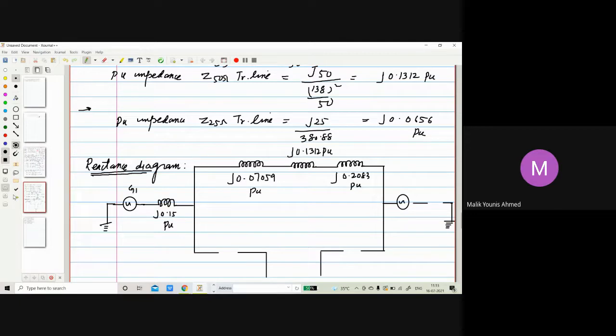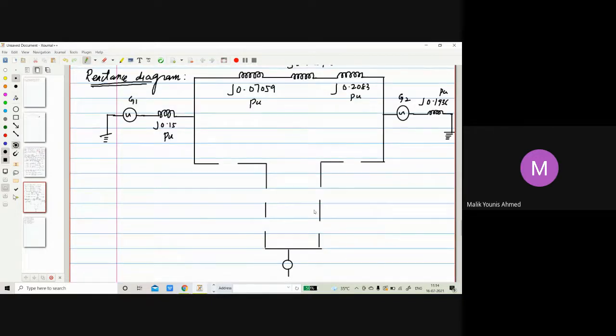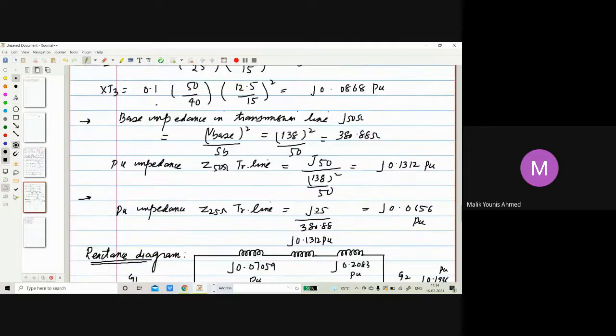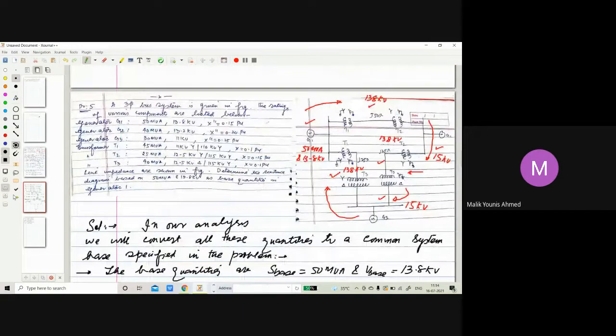So this is for generator G2. The reactance for generator G2 will be J0.1936 per unit again. Now moving here, we first have a transmission line, then two transformers: transformer T2, transmission line, and transformer T3.